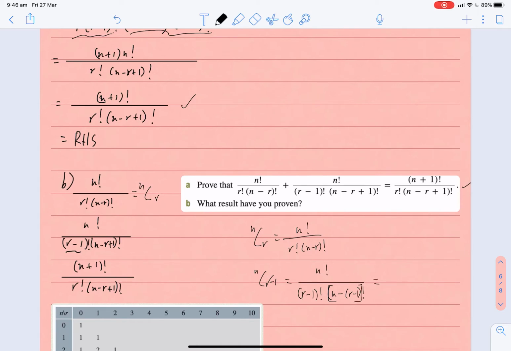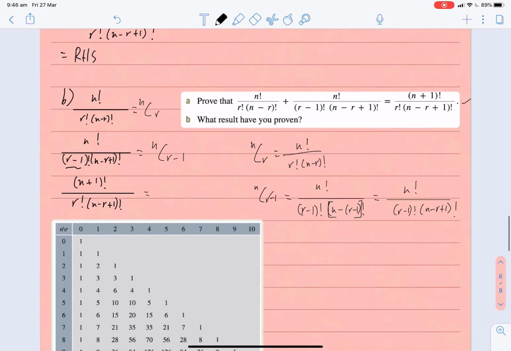If you open the bracket, it will be n factorial over (r minus 1) factorial times (n minus r plus 1) factorial, because when you open a bracket it becomes plus, which is exactly the same as here. So it's n choose r minus 1.